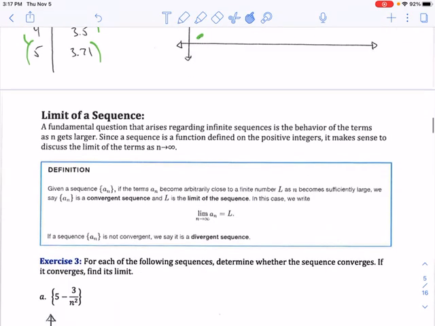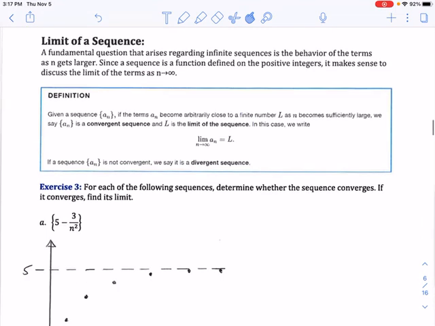Okay, so the limit of a sequence. A fundamental question that arises regarding infinite sequences is the behavior of the terms as n gets larger. Since a sequence is a function defined on the positive integers, it makes sense to discuss the limit as n approaches infinity. That's what I was just doing from a graphical point of view.